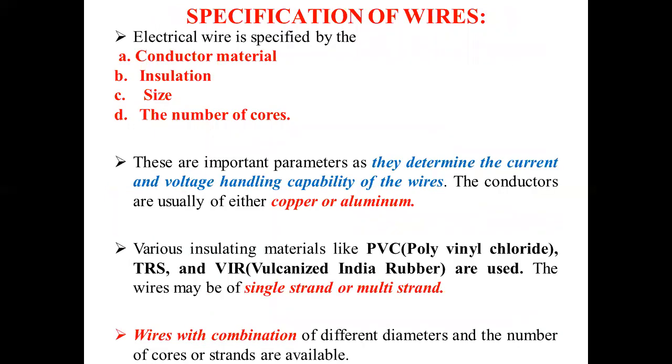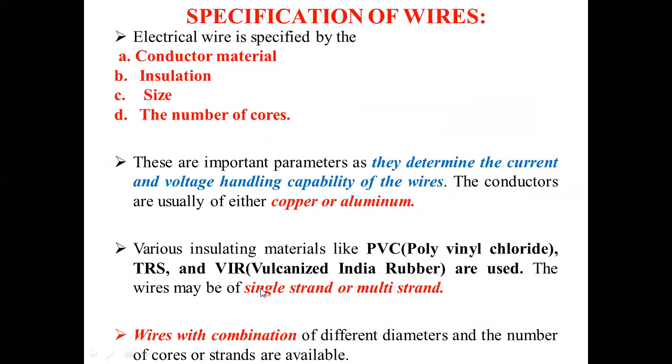And specification of wires. The electrical wire is specified by the conductor material, insulation, size, and number of cores. Based on it, we can decide the specification of the wire. Normally we use different types of materials like PVC wire, PVC cable, that is polyvinyl chloride, TRS, tough rubber sheathed, and VIR, vulcanized India rubber.